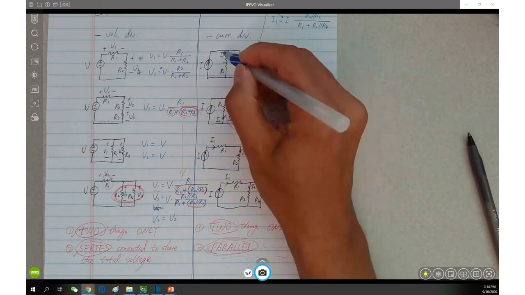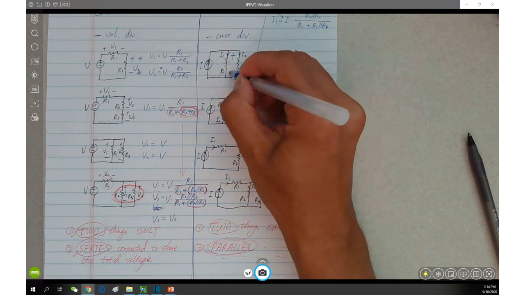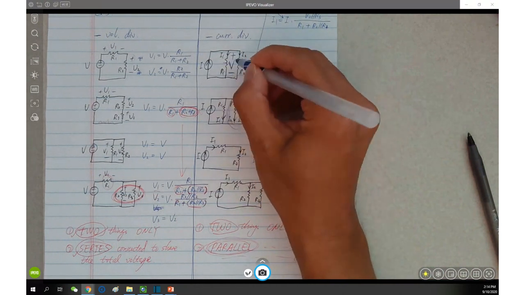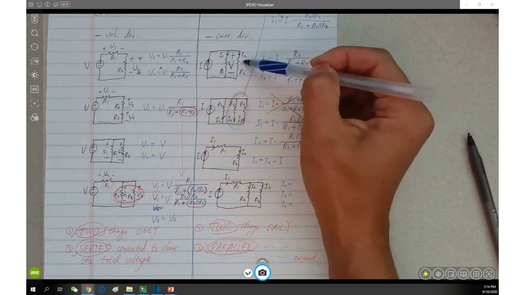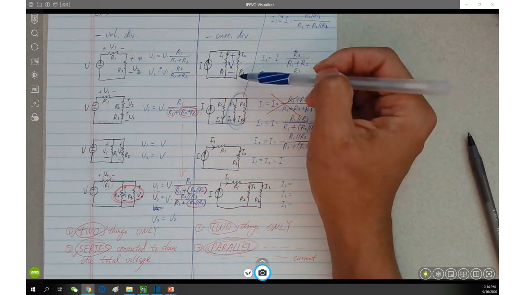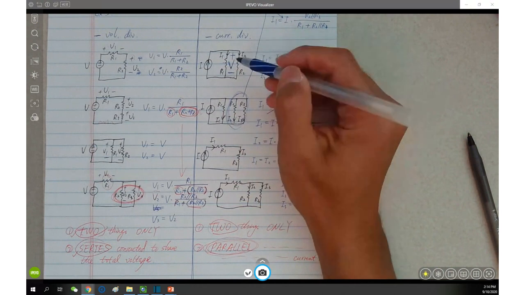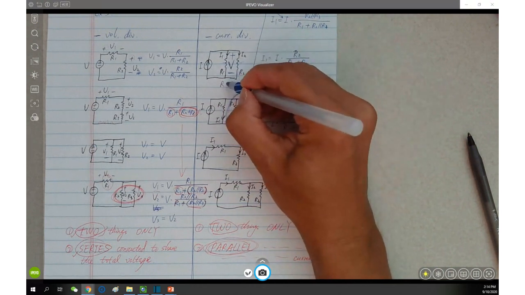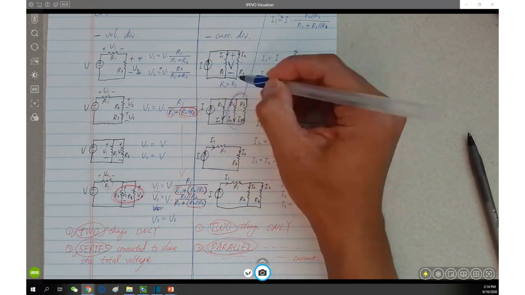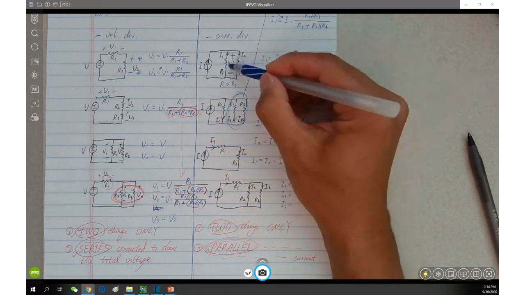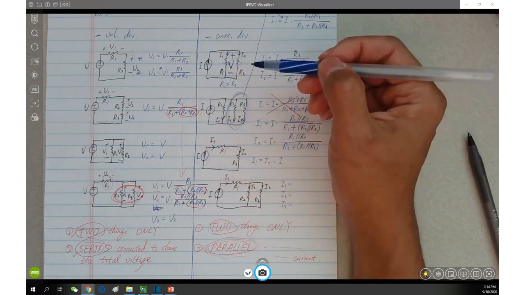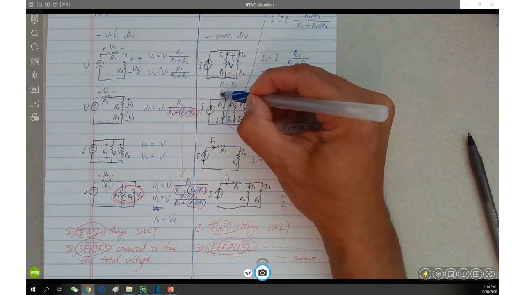Two parallel branches have exactly the same voltage. Does it make sense? R1, R2 here have exactly the same voltage. So tell me, let's assume R1 is bigger than R2. The same voltage here, according to Ohm's law, I1 and I2, which is bigger?